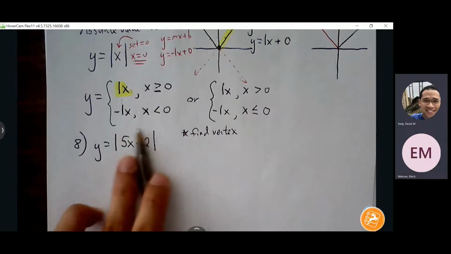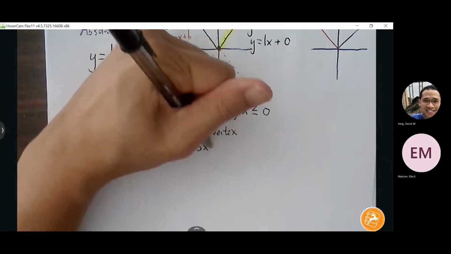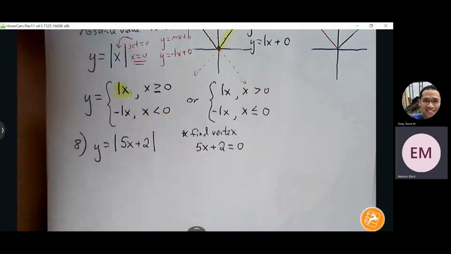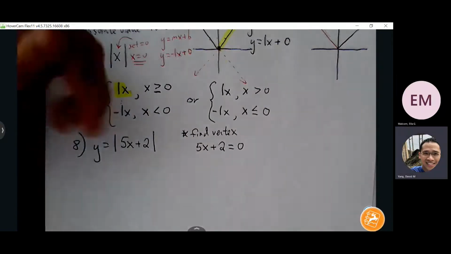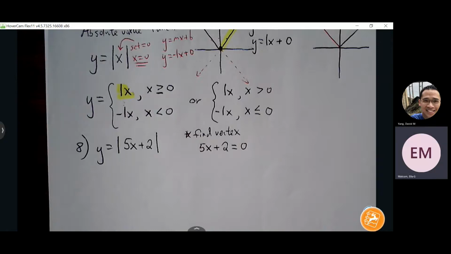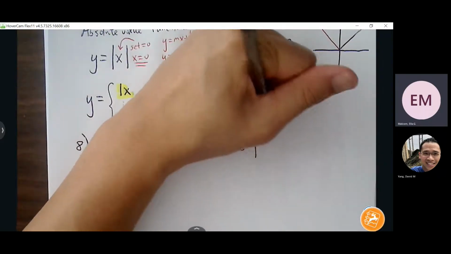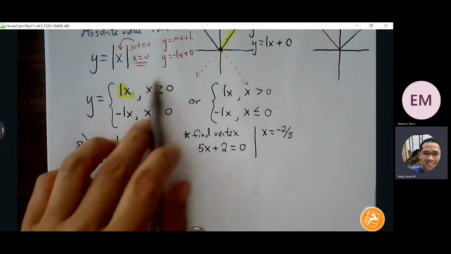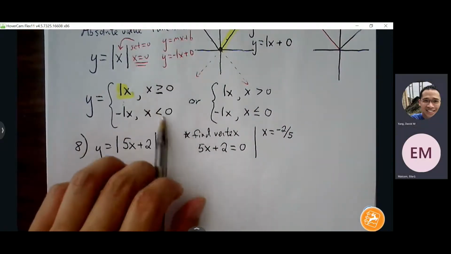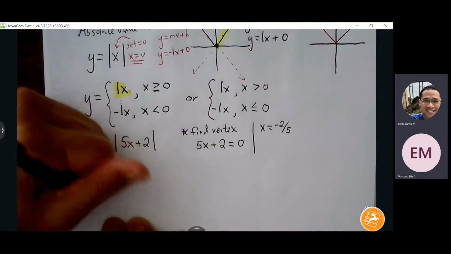So we're going to set everything inside the absolute value equal to 0 and solve for x. Okay, so 5x plus 2 equals 0. 5x equals -2. X equals -2 over 5. There we go. So that's where, instead of 0, now we're going to be splitting on either side of -2/5. So here's our setup.